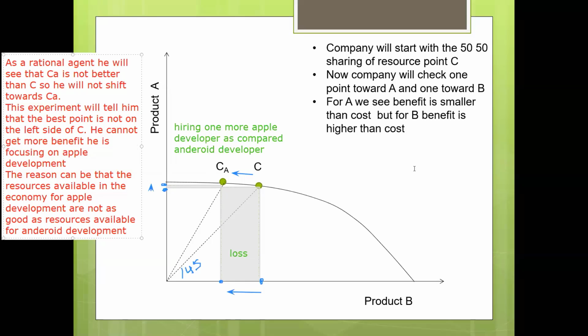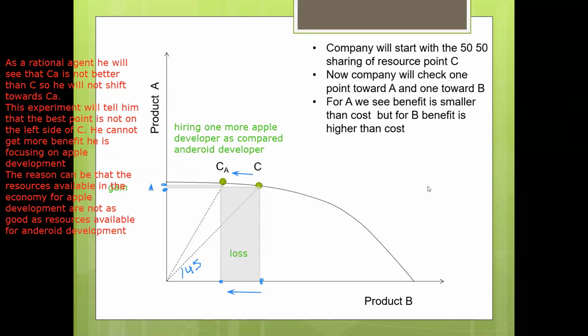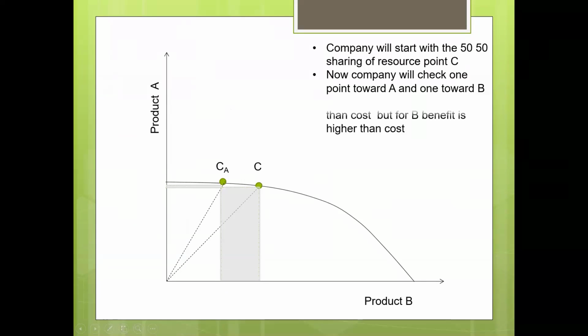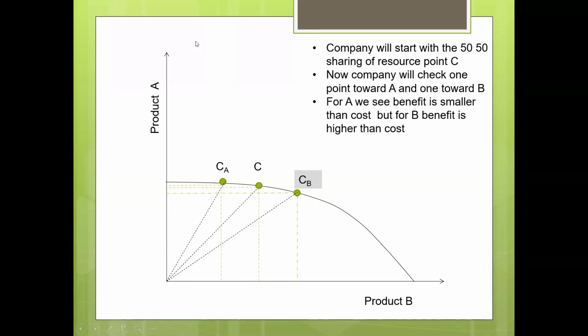So let's compare with point B. A is not better than C, but if we compare with some other point, that is B. So what is happening here at point B? Let's write it here.